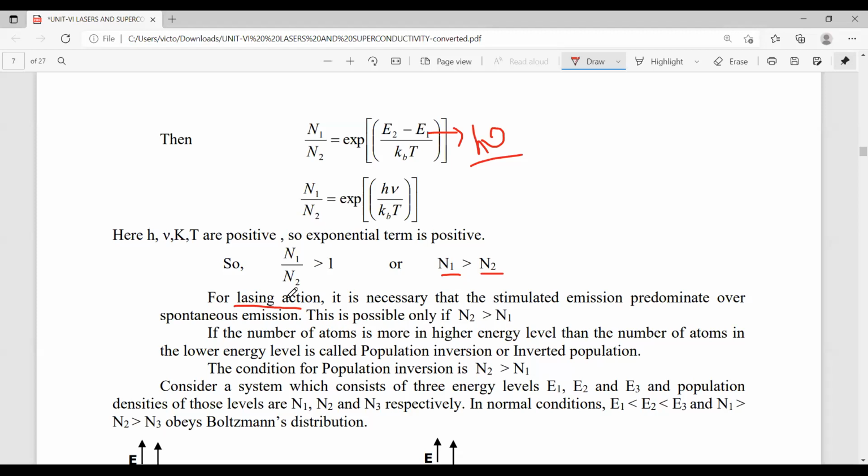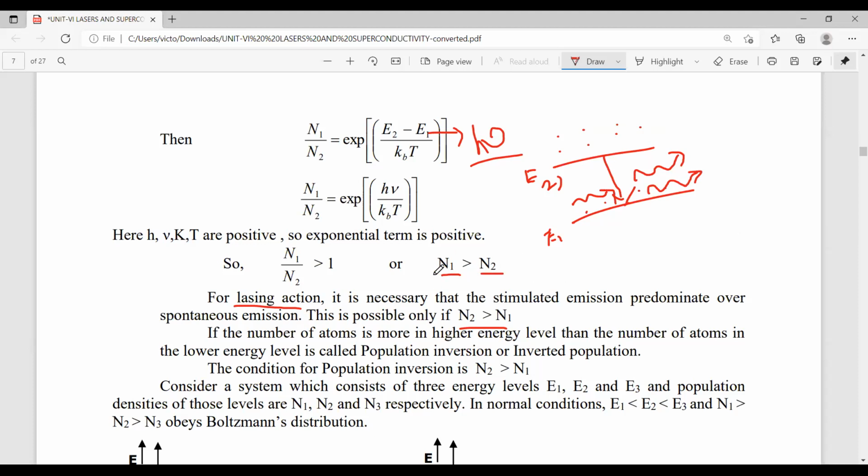For lasing light production, the main condition is N2 minus N1, that is, the number of atoms in the second energy level is more as compared with the first energy level. Only then does the stimulated emission process go on, and stimulated emission is for lasing production.